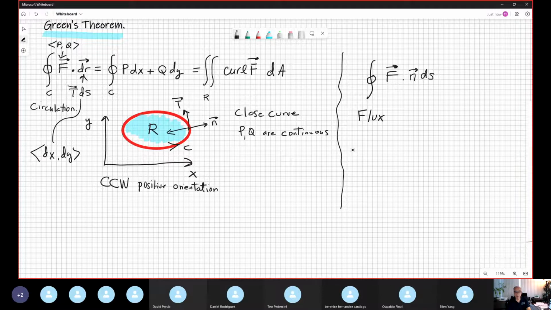Now I discovered that n ds in the last class is equal to dy comma minus dx. According to the convention, this convention is in this orientation, so going out. If it is completely in the opposite direction, you change the sign. It is minus dy comma dx. It depends on the idea, but suppose it is the flux leaving the curve.